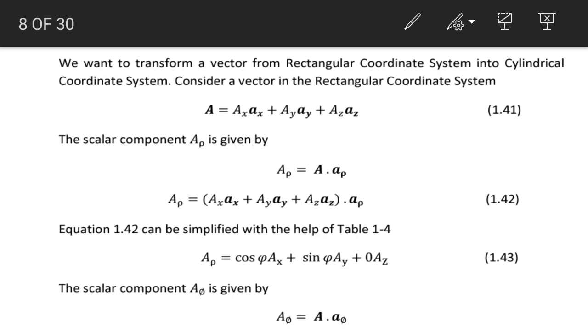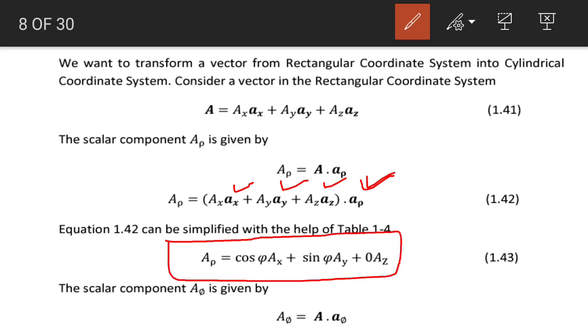You see, Ax dot A rho results in cos phi, Ay dot A rho results in sin phi, and Az dot A rho results in 0. So A rho will be equal to cos phi Ax plus sin phi Ay plus 0 Az. So we have calculated the rho component of this vector.